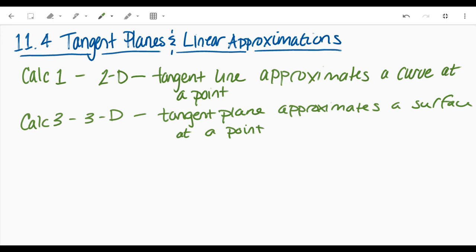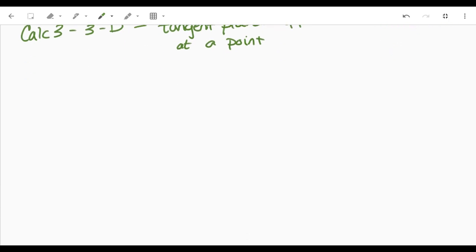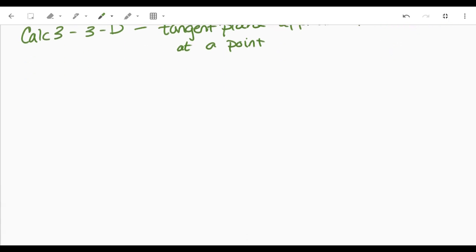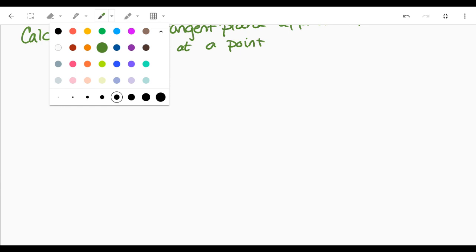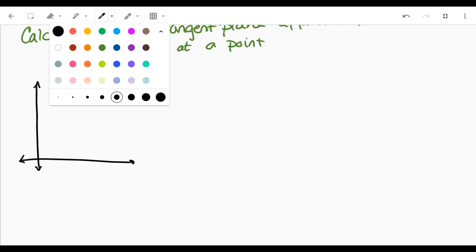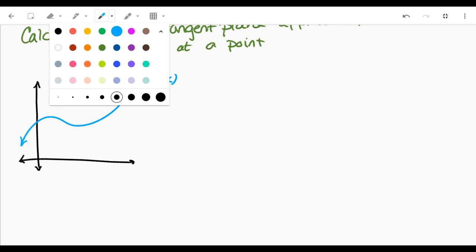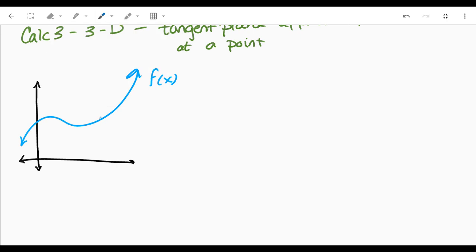I'm going to try to get a little drawing. Here I'll do the 2D drawing too, just so you have it. In 2 dimensions, we might have a curve, and then some point on the curve, we'll call it x naught, y naught.